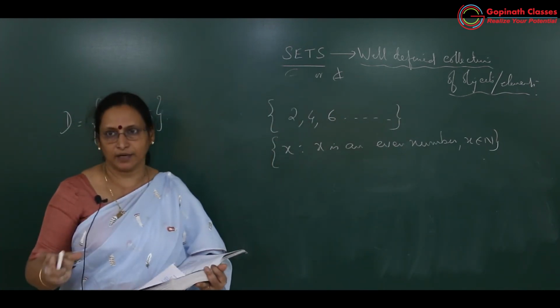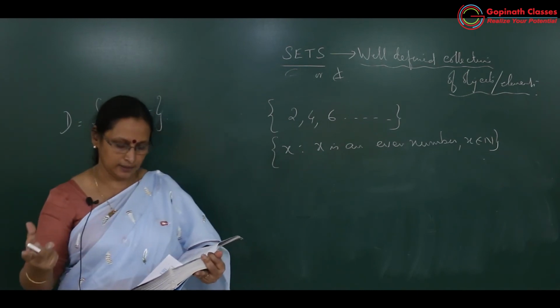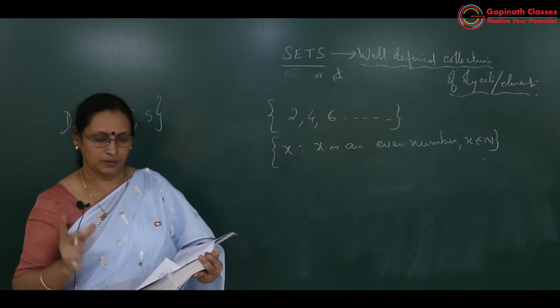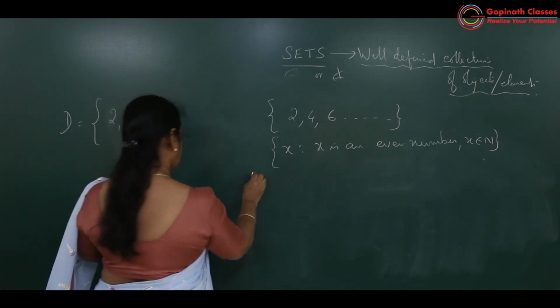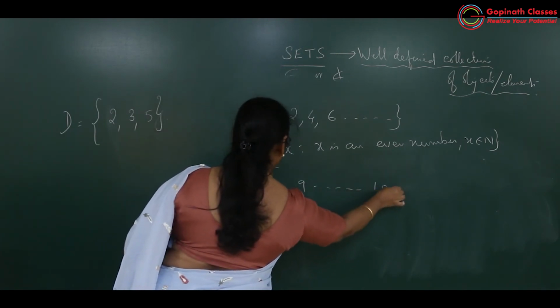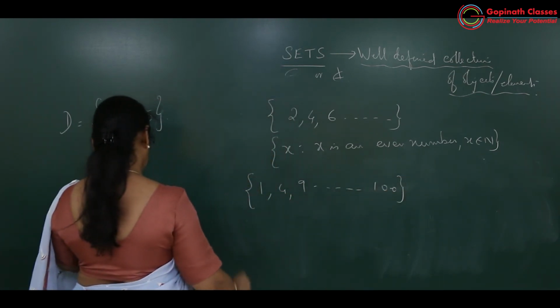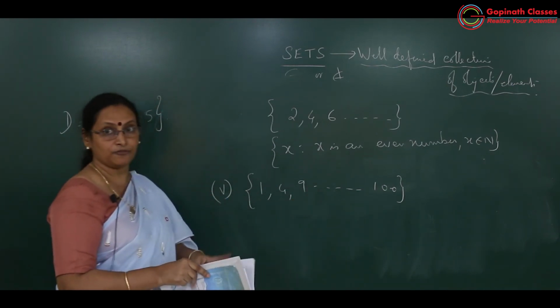So hope you must have understood how to write it in set builder form and how to write it in roster form. Look at the next one. Next question is 1, 4, 9 up to 100. ये मैंने पहले ही बताया था. This is fifth question. What is its speciality? They are all perfect squares.